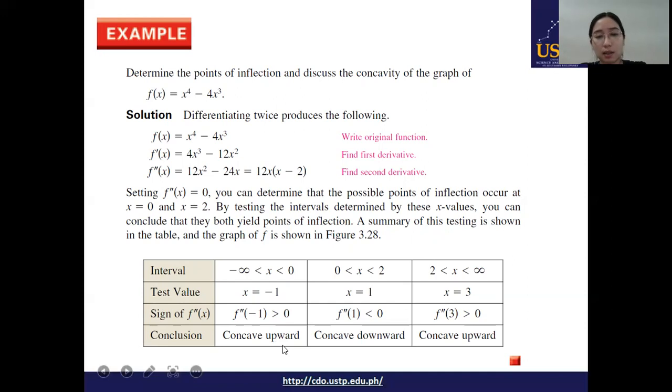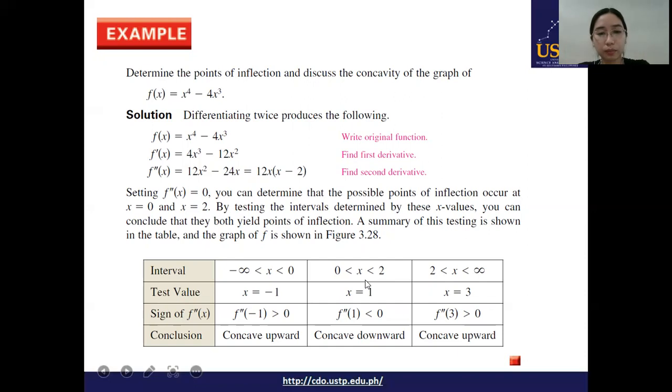Now let's choose another test value from the range of 0 to 2. We chose 1, but you can choose any number between 0 and 2. The answer is -12.